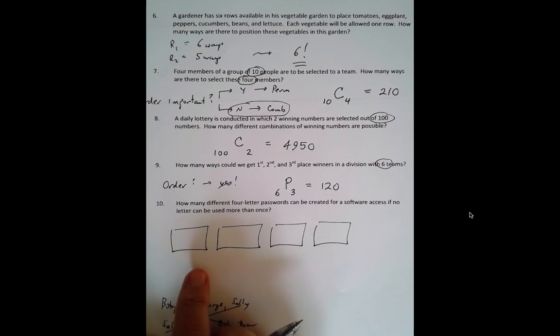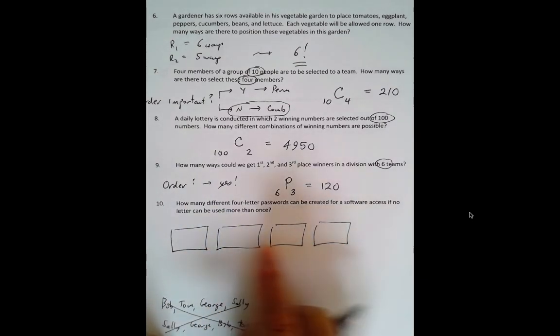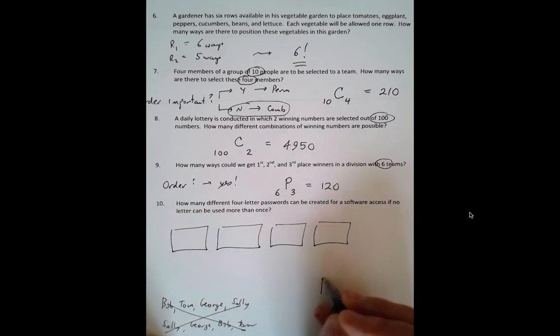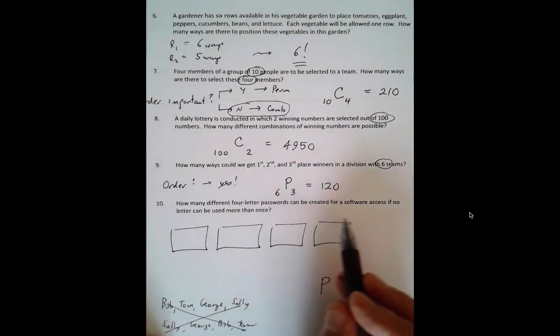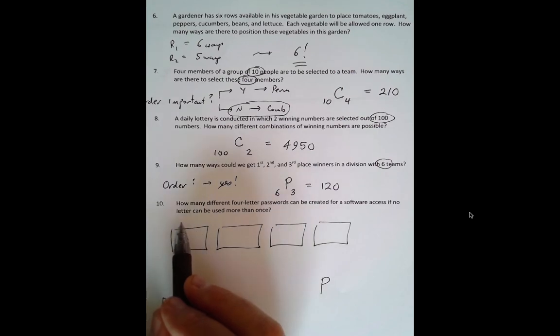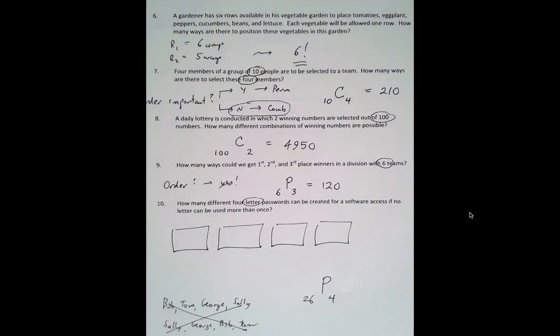Well, obviously, if we have a passcode of ABCD, and we try to put in DCBA, it's not going to let us. It's got to be in the order. So order does matter, so we're going to have a permutation here. We're talking about letters, so there's 26 of those, and we are looking at 4.